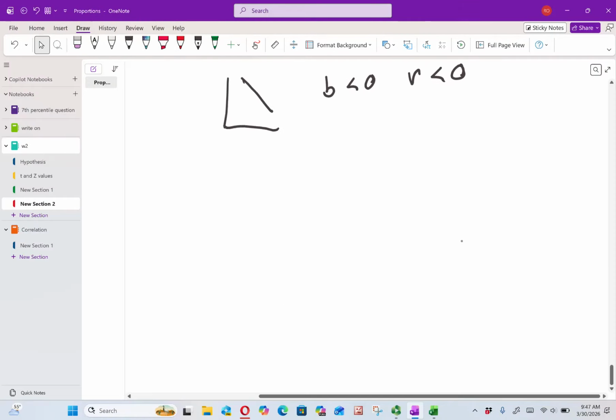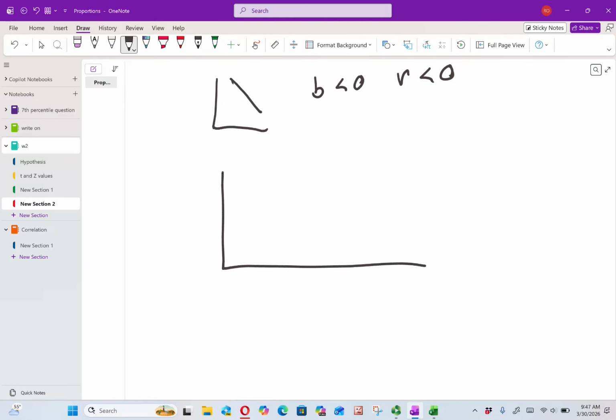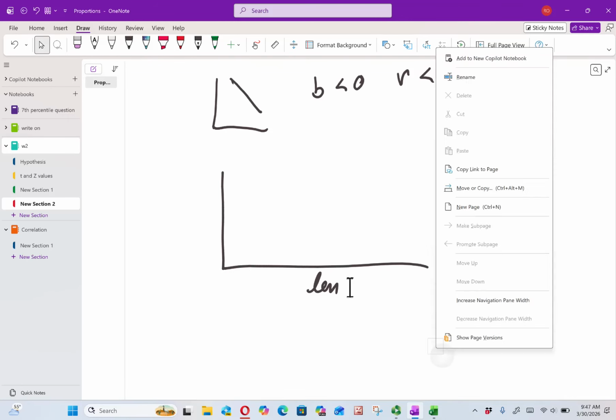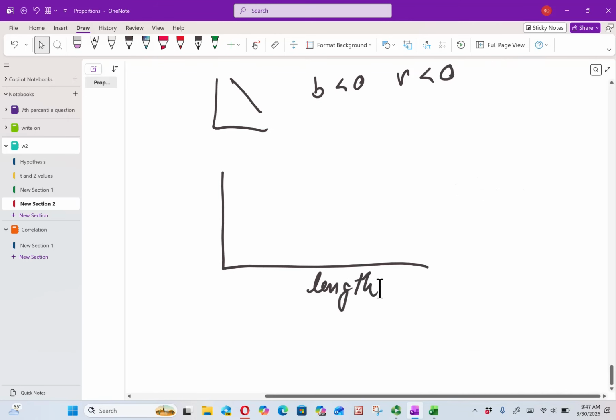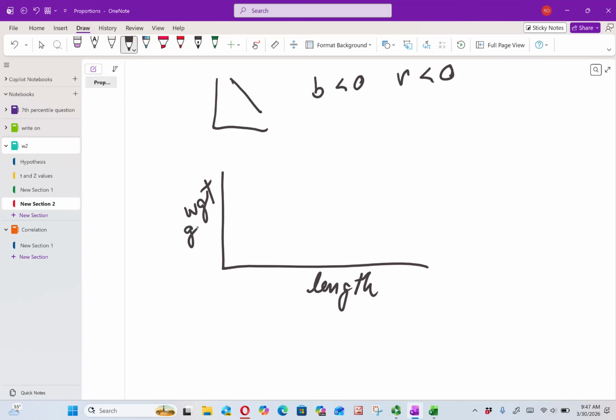Also, suppose I have fish weight, length here, and weight there. The weight is in grams. The length is in centimeters. What are the measurement units of the slope? It's going to be a line like this.